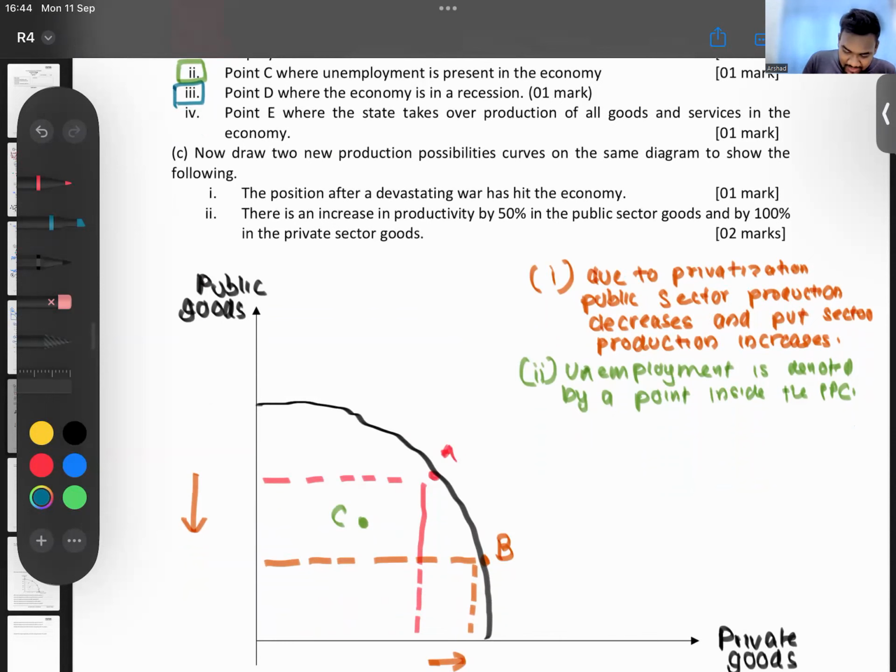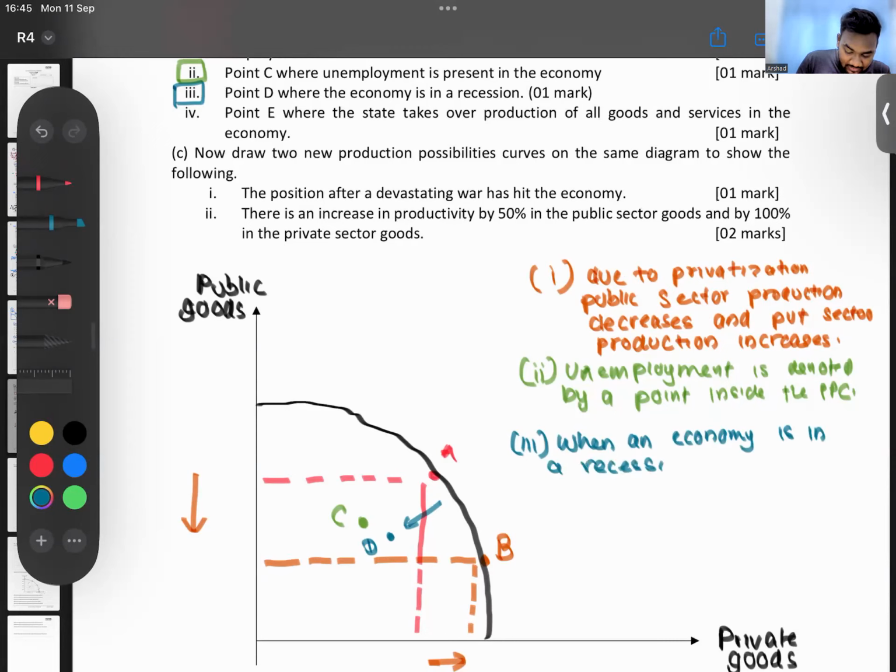So maybe let's show it with the arrow. You're moving from here to here. Let's say point D. So what is your explanation? You can say, when an economy is in a recession, what happens?